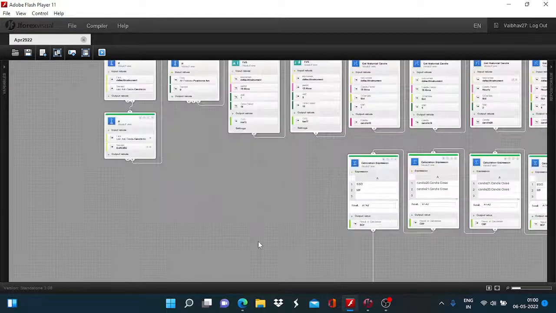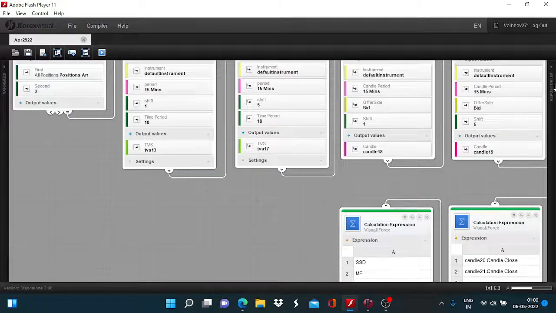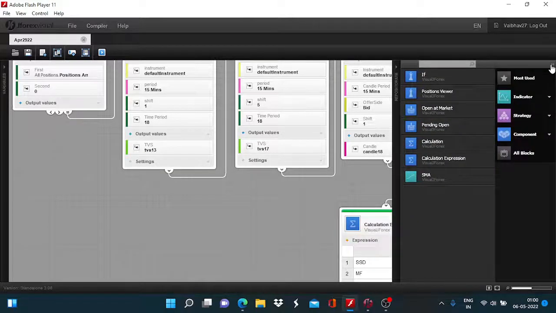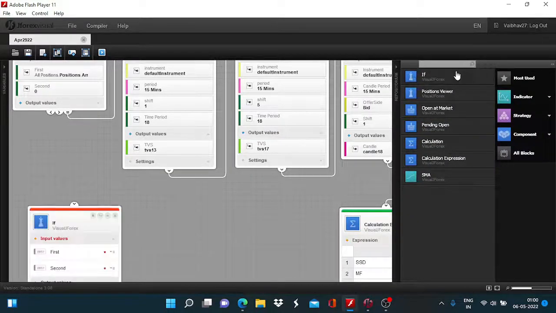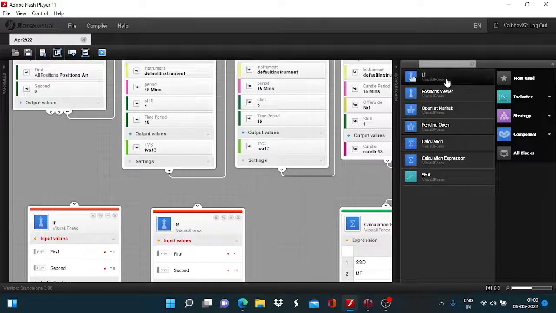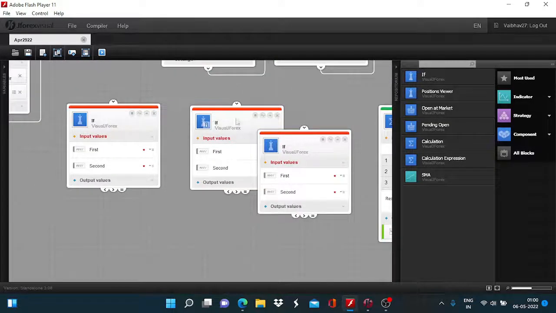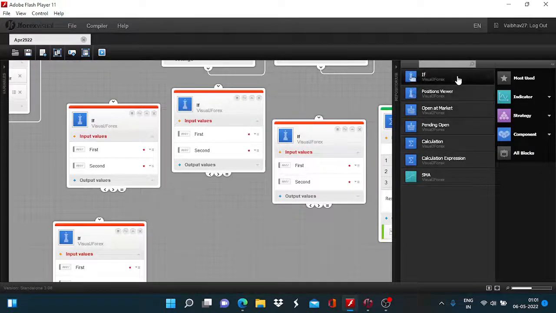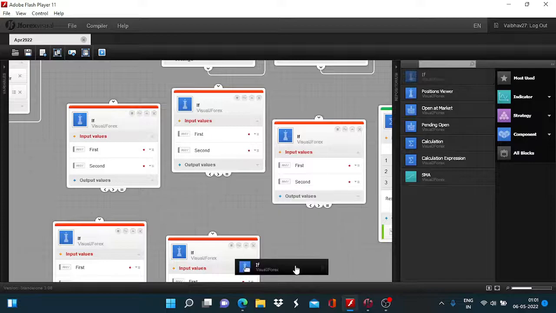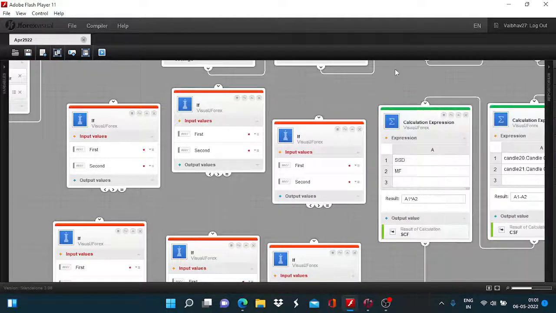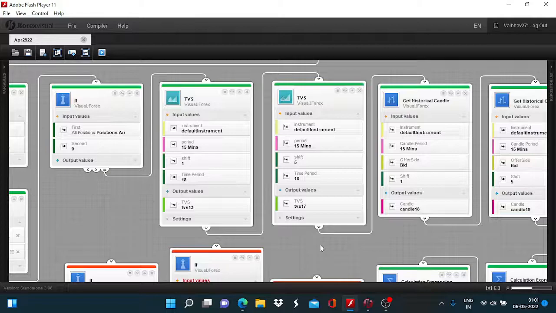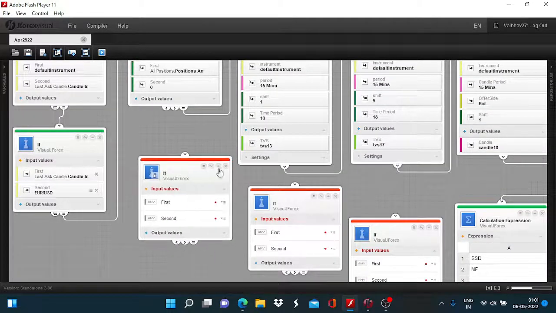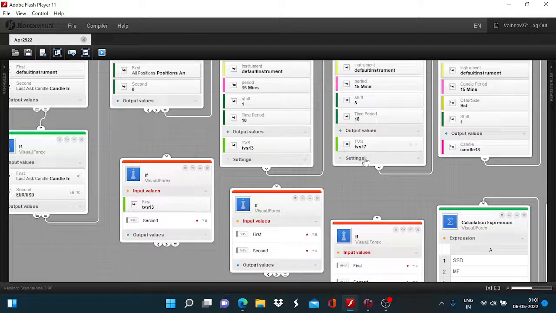Okay. And let us now start defining the conditions for execution of the sell trade. We are going to need probably 6 of these, as our formation is going to be symmetric with the buy side. So we need TVS value to have started declining.